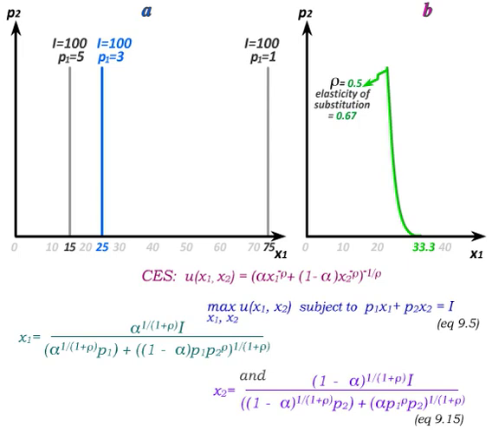This translates to an elasticity of substitution of 0.67, because the elasticity of substitution is 1 divided by 1 plus rho. We also show here, as well as in the text, the demand functions that we derive from constant elasticity of substitution functions. And in this graph we've set alpha equal to 0.75, the price of good 1 equal to 3, and income equal to 100.